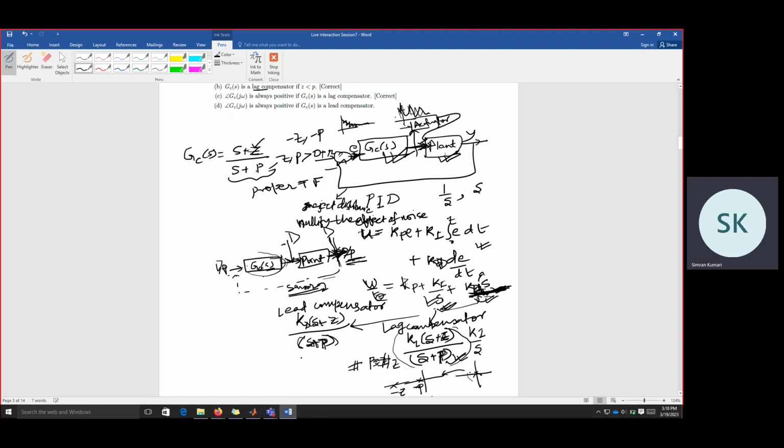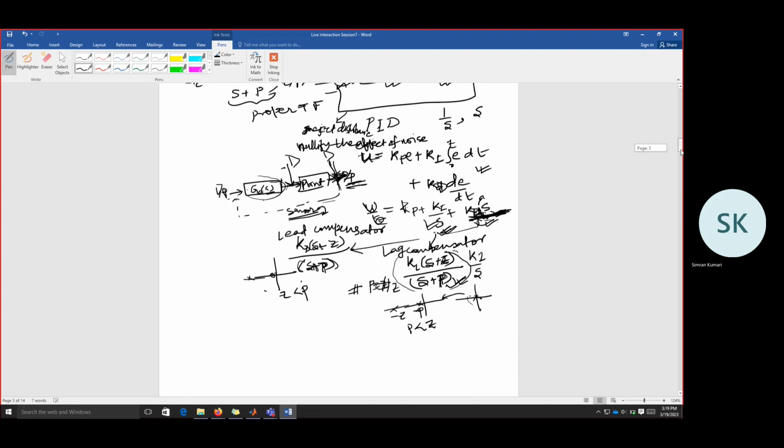For this one, in the pole zero plot, we have this zero and we have a pole, and obviously the zero is less than P.